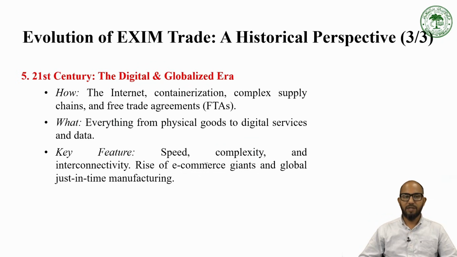It includes everything from physical goods to digital services and data. The key features of the digital and globalized era are speed, complexity, and interconnectivity, as well as the rise of e-commerce, that is, electronic commerce giants, and global just-in-time manufacturing.